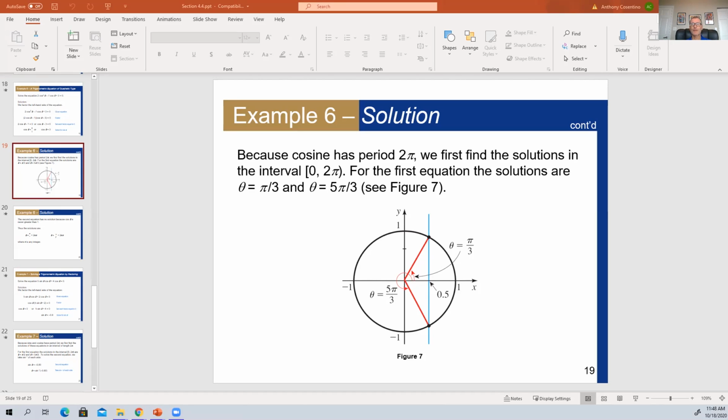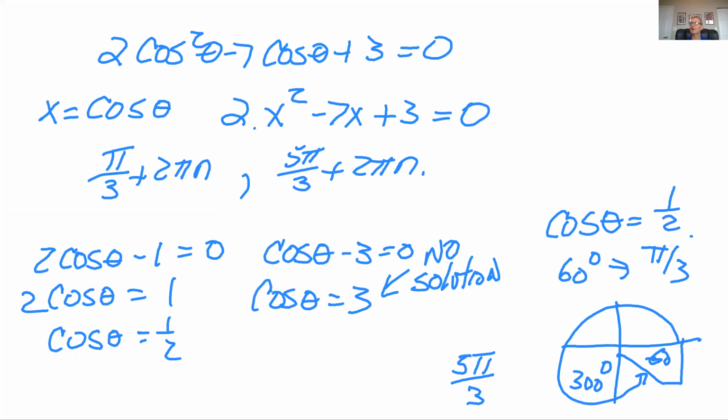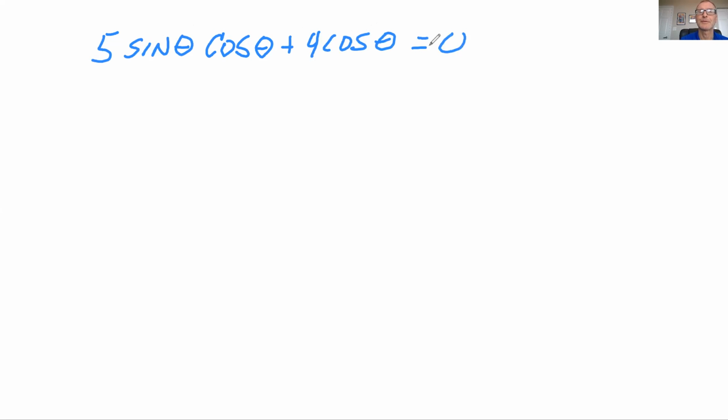Okay, one more example. Again, this time we're going to throw in a little more complication maybe, or maybe a little less. This one has both a sine and a cosine in it. And we're going to do a lot more of these in the last section. So this would be 5 sine of theta cosine of theta, plus 4 cosine of theta equals 0.